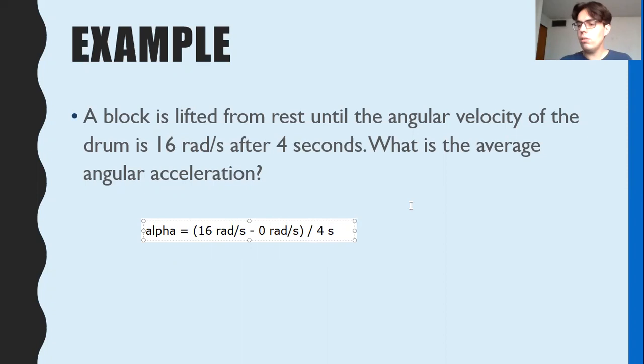So if we do the estimation, you don't need a calculator really, you have 16 minus 0, it's going to be 16 over 4. You're going to get alpha equal to 4. But because it is an angular acceleration, the units are going to be radians per second squared. Okay.